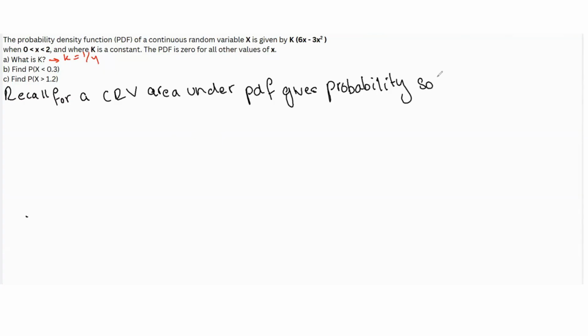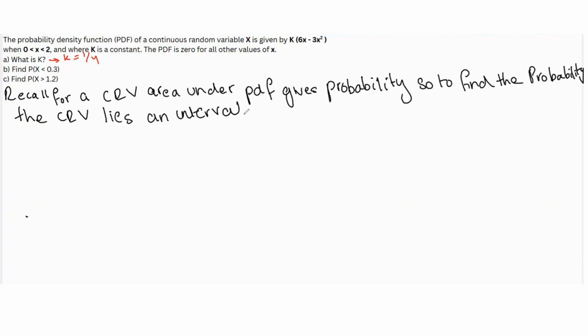So to find the probability that the continuous random variable lies in an interval, integrate the PDF over that interval. This is the key concept to remember here. Integrate the PDF over that interval.